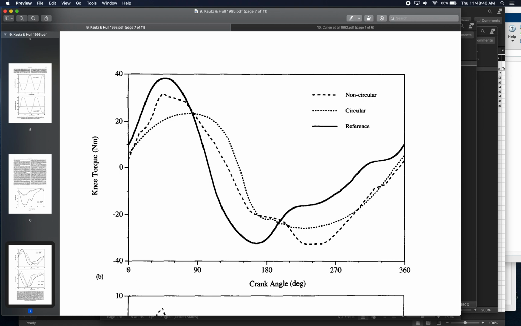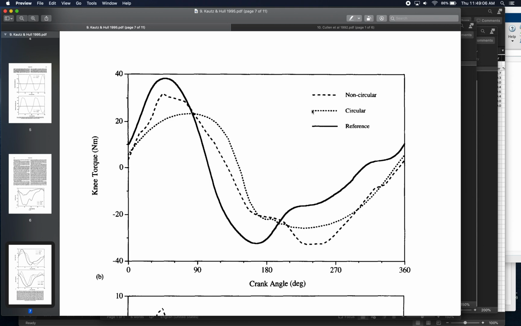Here on the x-axis is the crank angle, so where you are in the pedaling cycle. 0 is top dead center, and then you press forward down to the bottom dead center at 180, and then back up to the next top dead center at 360 here. So a full pedaling cycle, a full revolution of the crank. The black line is reference joint torques measured on an actual human cyclist.